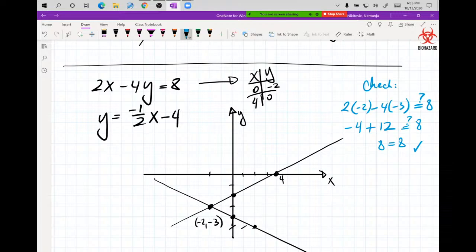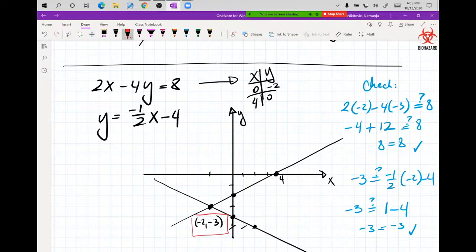The second equation: -3 should equal -1/2 times -2, minus 4. Negative times negative is positive, and half of 2 is 1. Minus 4, and there you go. -3 equals -3. So we know this is a good solution because it worked in both equations.